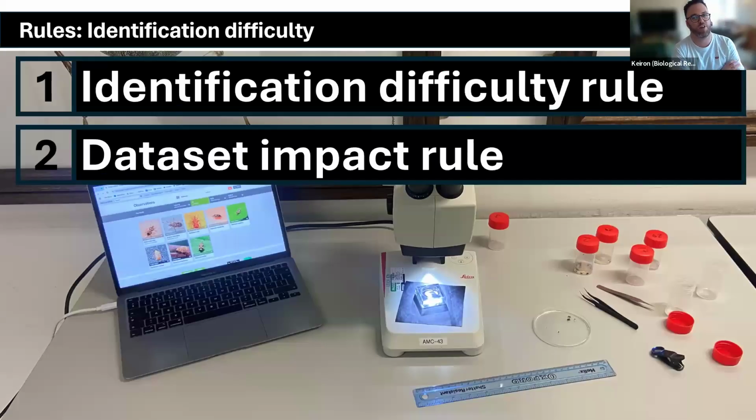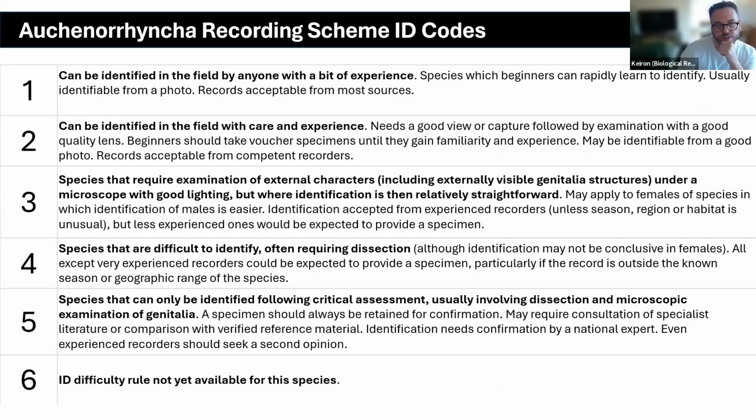So in terms of identification difficulty, we've got kind of two rules. One's not really to do with ID difficulty necessarily, but we've got the identification difficulty rule and the dataset impact rule. The first of those is that recording schemes may have set up a scoring system for how difficult species are to ID.